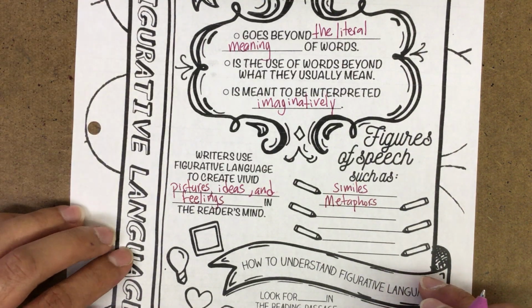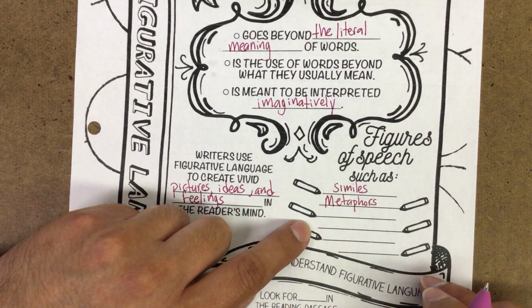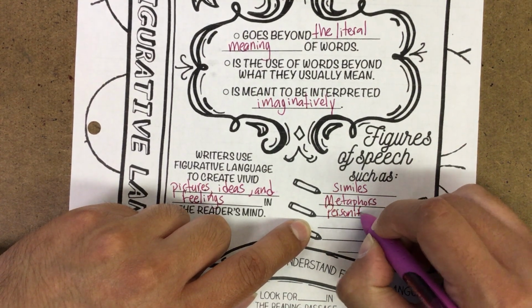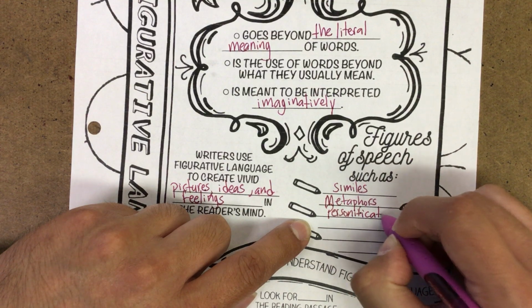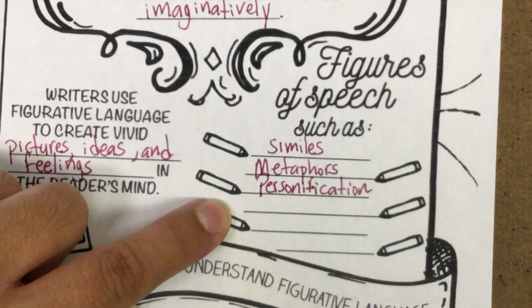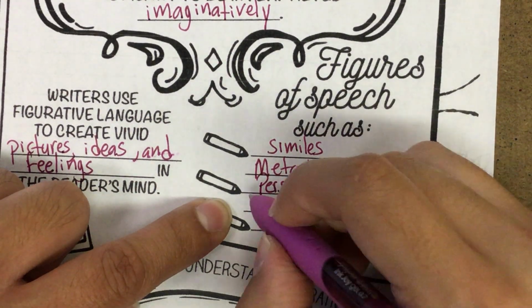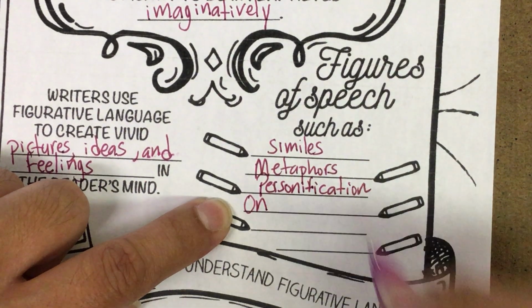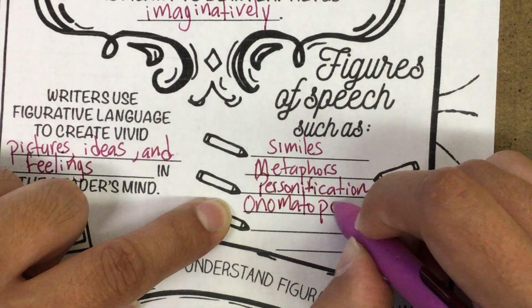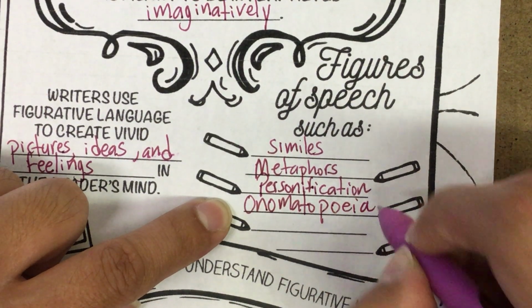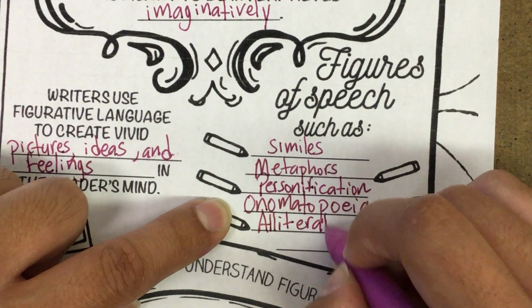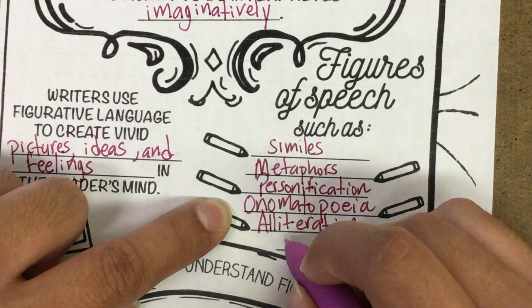Then in the following lessons, you're also going to fill out the doodle notes on personification, onomatopoeias, alliteration, and hyperboles.